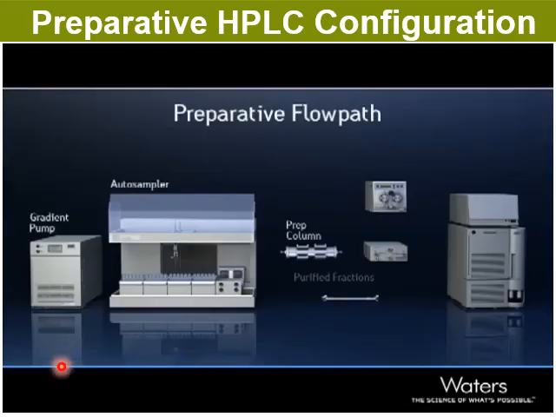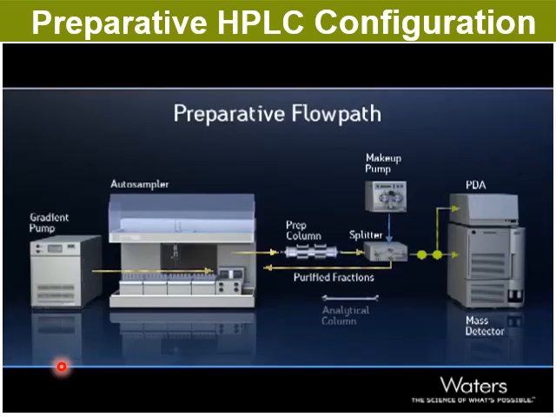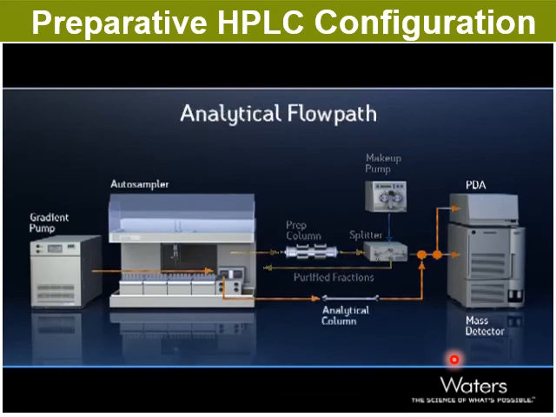The MS detector is a destructive detector, so a splitter is required to pass 99.9% of the preparative flow to the collector. The remainder of the sample is sent to the detectors, carried by the makeup flow from the 515. When flowing analytically, the alternative flow path does not pass through the splitter, but instead flows directly to the detectors.